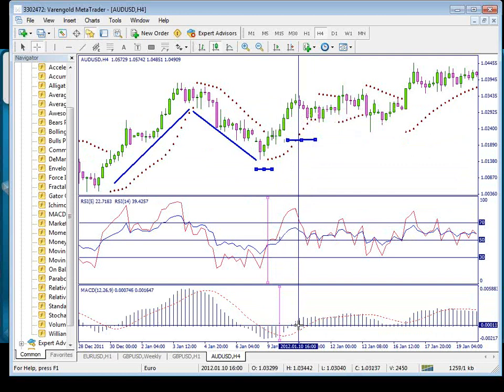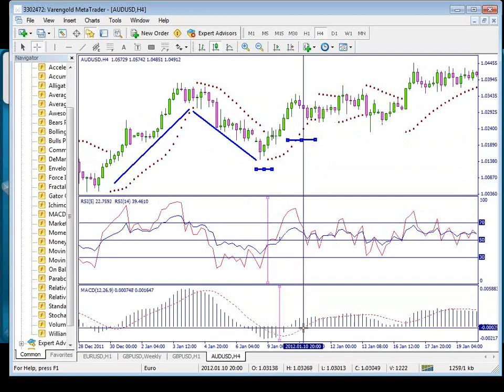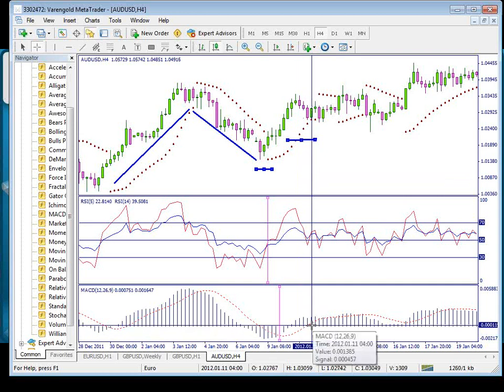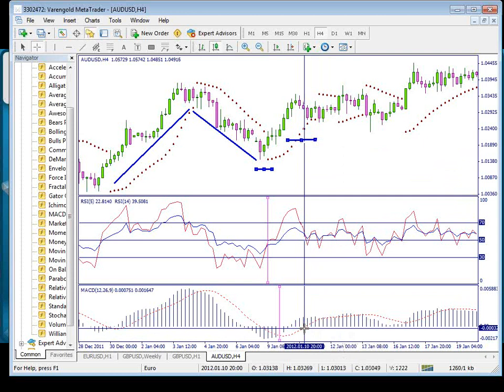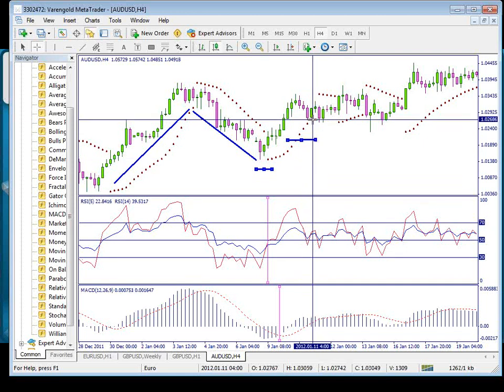But I'm looking also to the MACD, and I can see that the MACD is going close to zero level, and this means for a lot of traders that they will open a next position for buy.